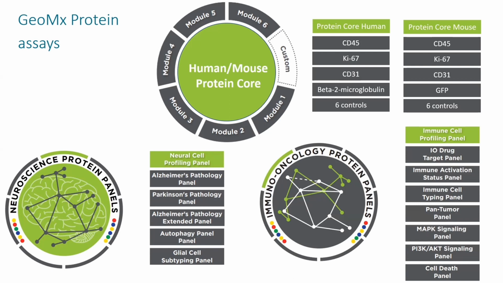And as I said, you can combine up to 140 antibodies in one run. So you can take nearly all of them and combine them on the same slide. And as for the RNA, you can also add custom content to this. If you want to know more about what specific proteins these panels contain, then you can go to the NanoString website and look them up.